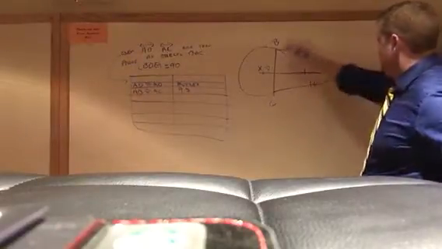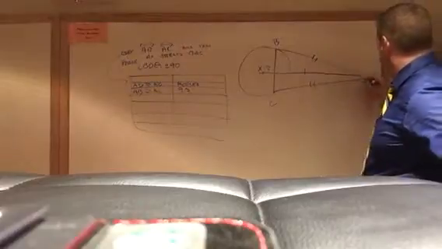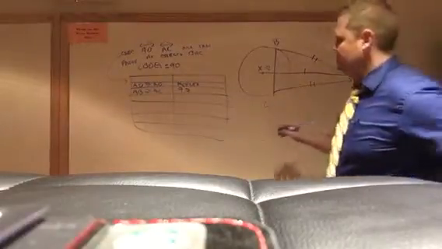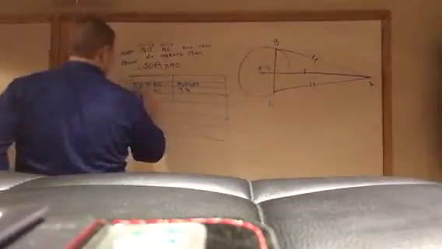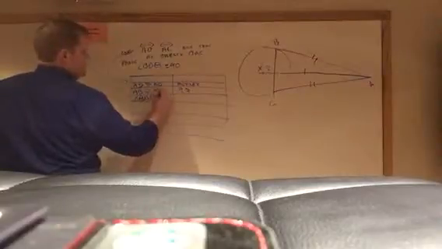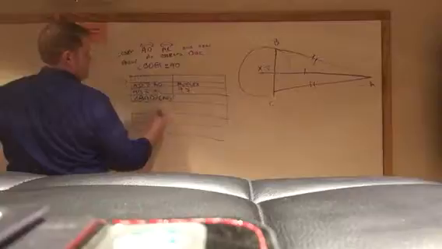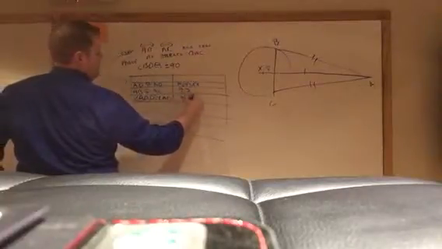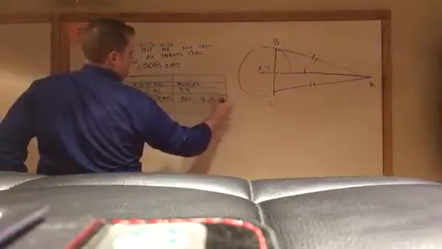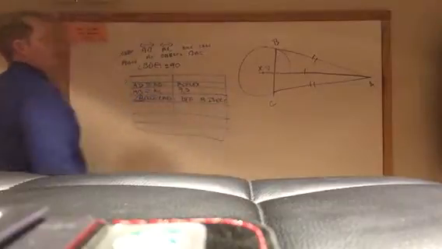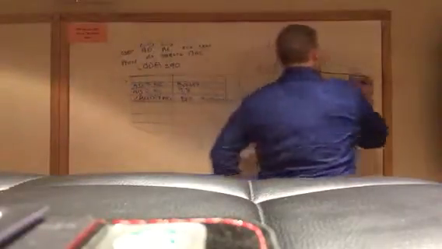Well, what does that mean? BAD is congruent to CAD because of definition of angle bisector. So, class, that means my triangles are congruent.